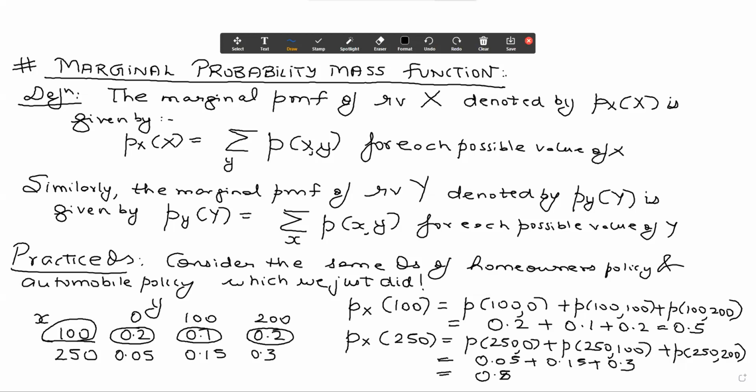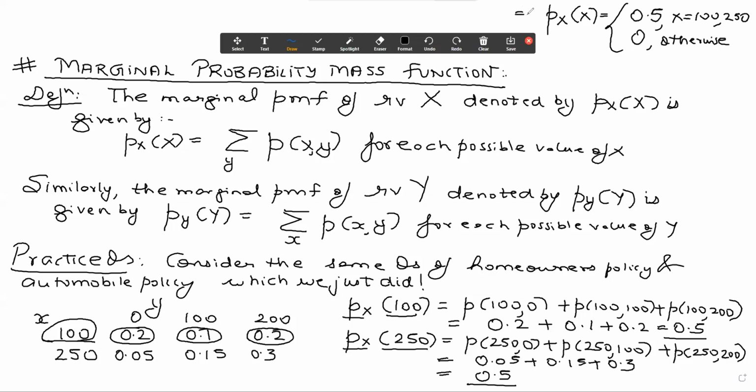So how can I write my probability mass function? You can see Px of 100 is coming out as 0.5. Px of 250 is also coming out as 0.5. So therefore I am writing it on the top right hand side: my marginal probability mass function of X is 0.5 when X takes the value 100 or 250, and 0 otherwise.